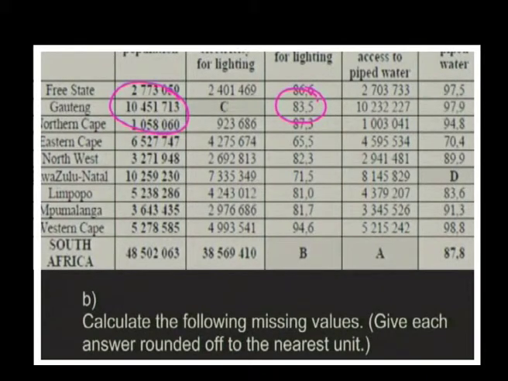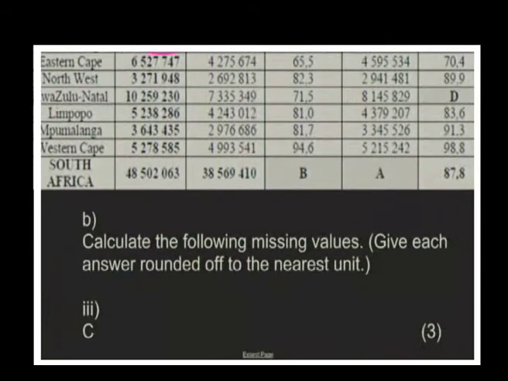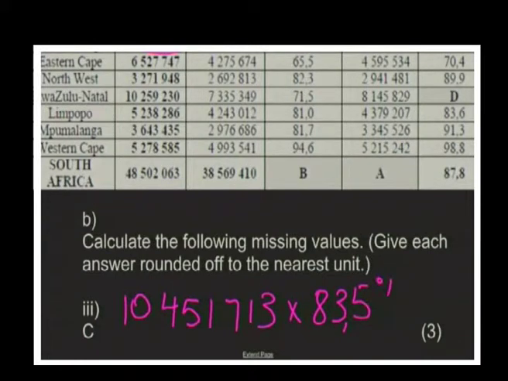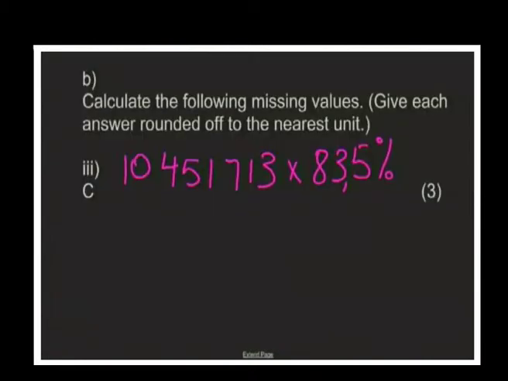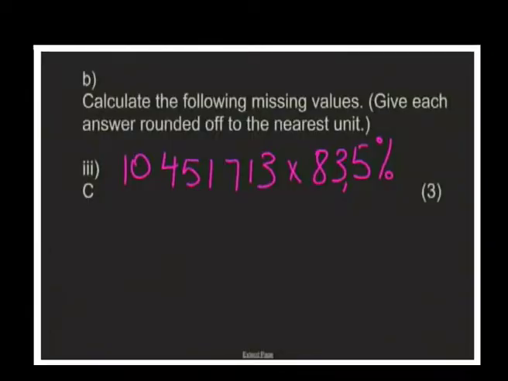So the way I calculate is actually take my number of people in Gauteng, which was 10,451,713 people, and I'm going to times it by 83.5%. And that's going to give me my number of people. What does that 83.5% represent?